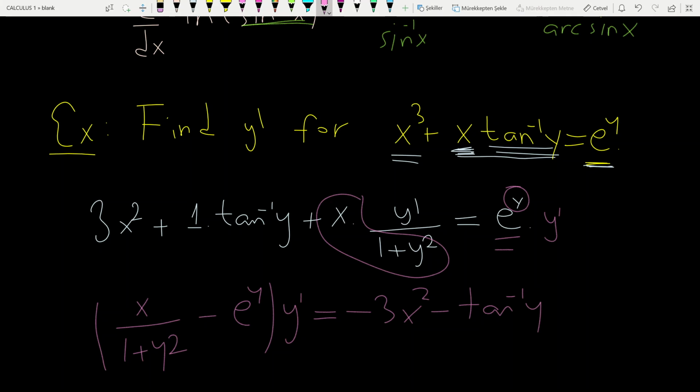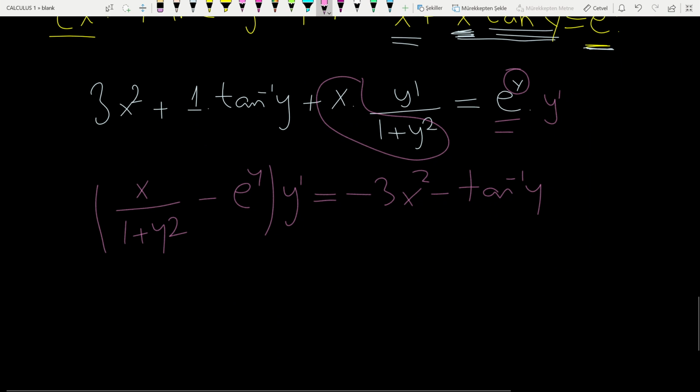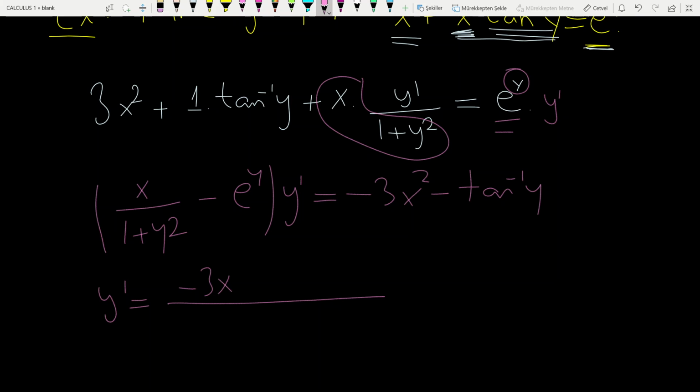In the next step I will make y prime alone. y prime is equal to minus 3x squared minus inverse tangent y, divided by this expression, x over 1 plus y squared minus e to the power y. Okay, so it's all. So it's done.